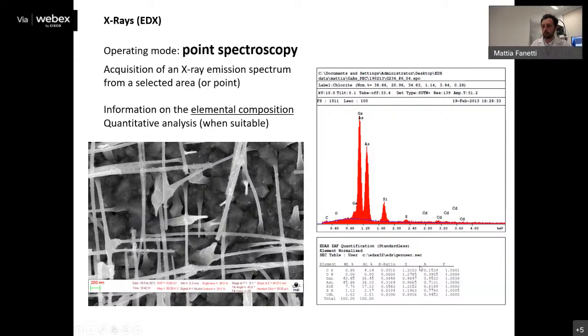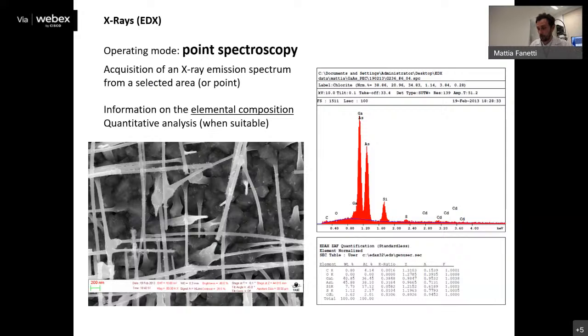And after some loops, when the fit is almost stable, so you don't have much change after some iterations, then you understand what is the concentration of the elements.